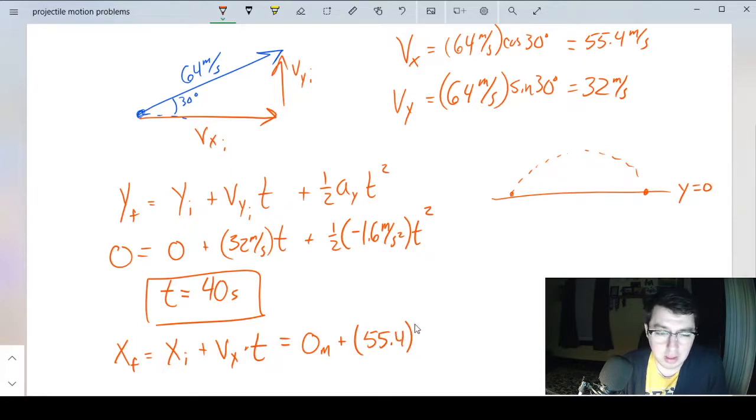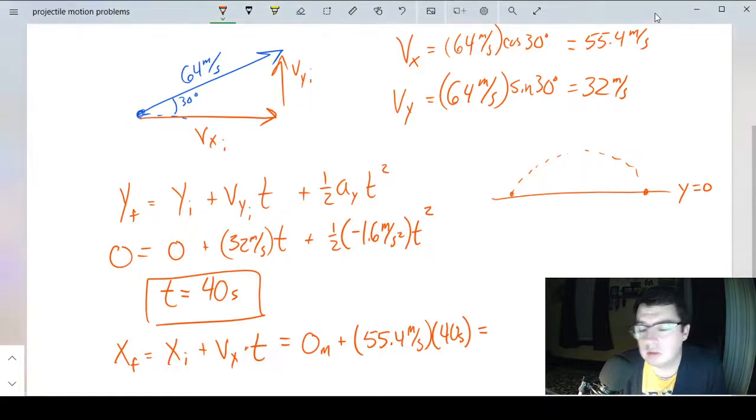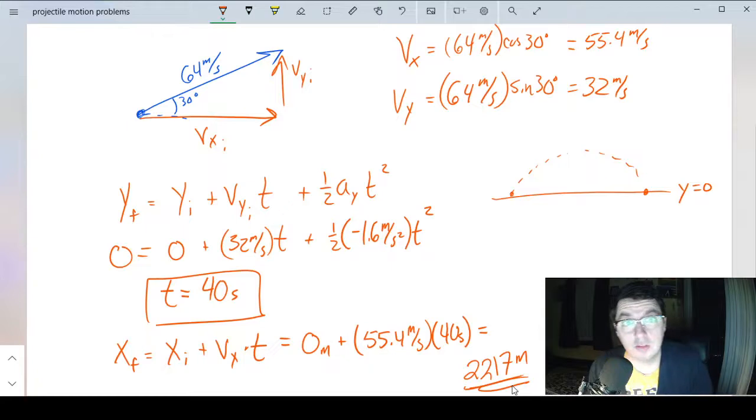Let's put units on that so we're clear of what's what. Meters per second. And then a time of 40 seconds gives me a final position of 2,217 meters. A mile is 1,600 meters, so it is more than a mile.